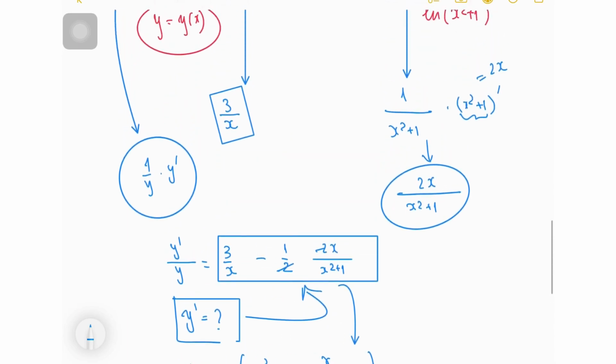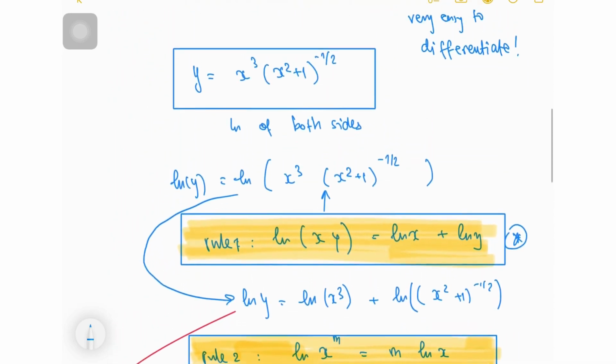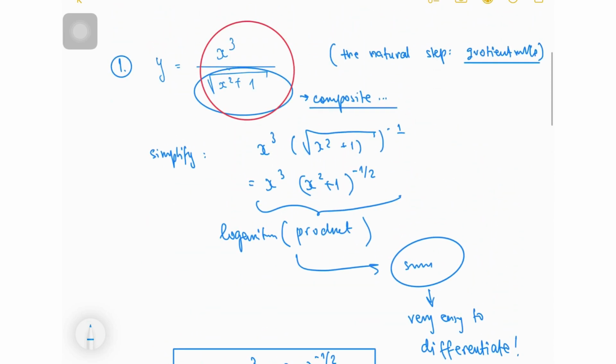Well, y is the starting function. That is this here.